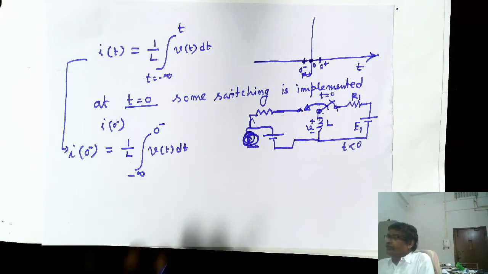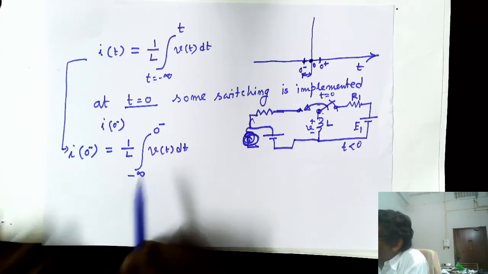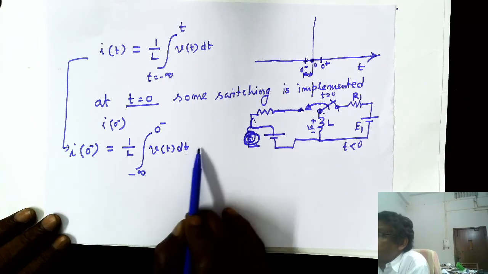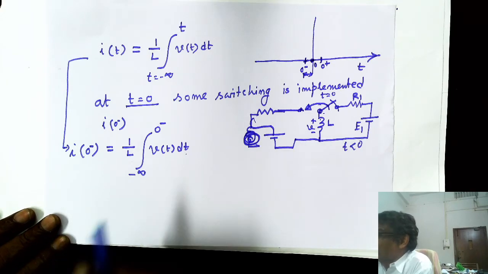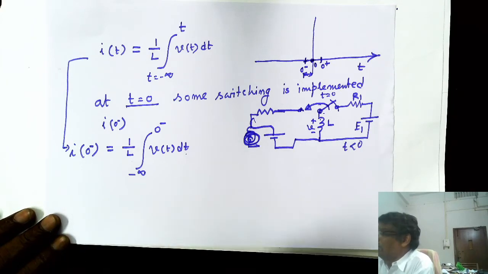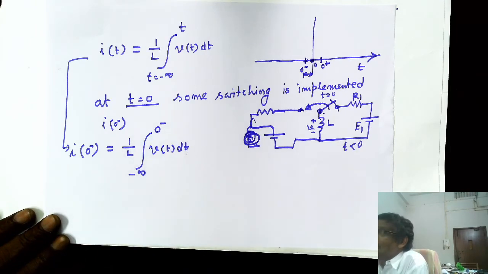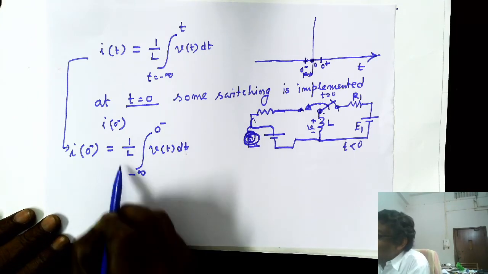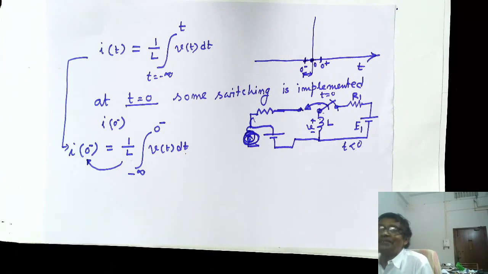Therefore, you first understand that this whole integration of v(t) dt, how the inductor behaved before t less than 0 with some kind of voltage applied across it, all this information is nothing but i(0 minus) itself.